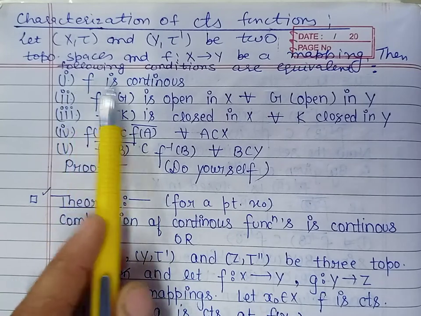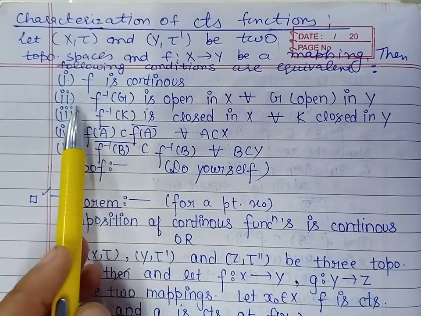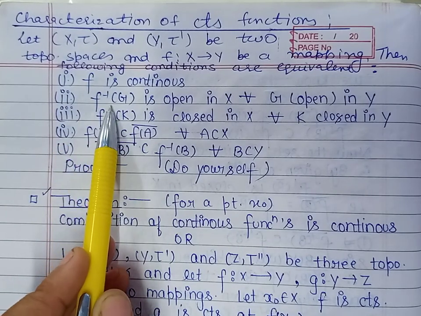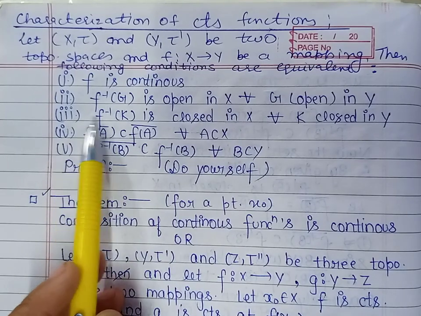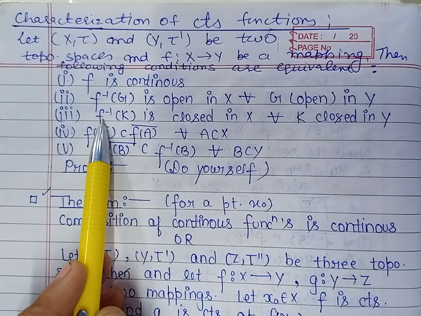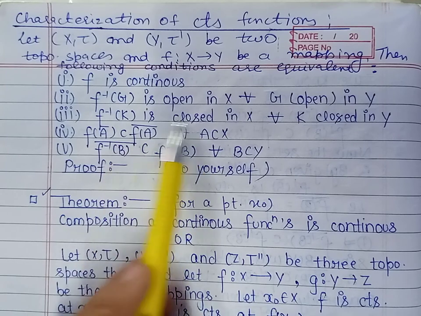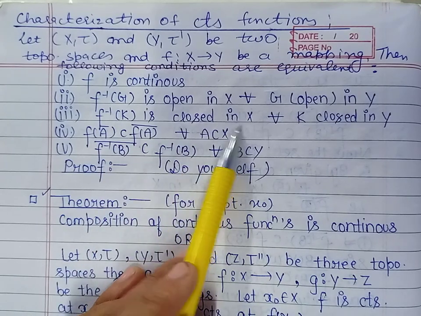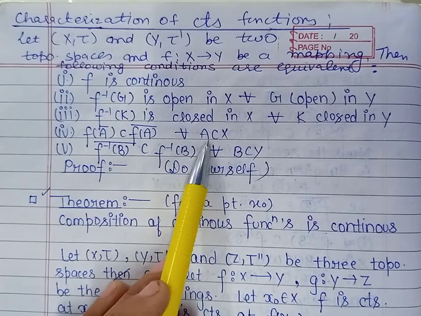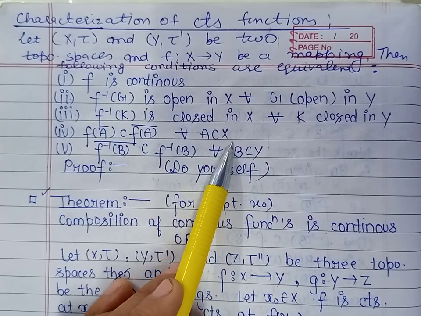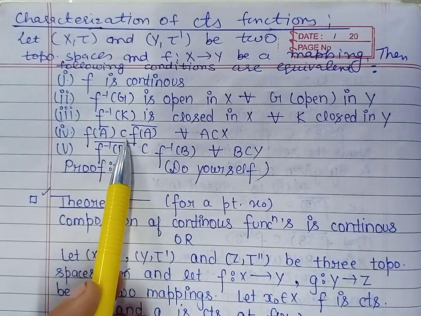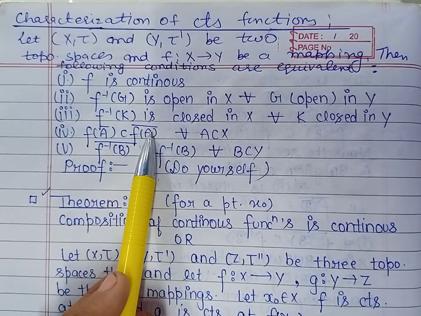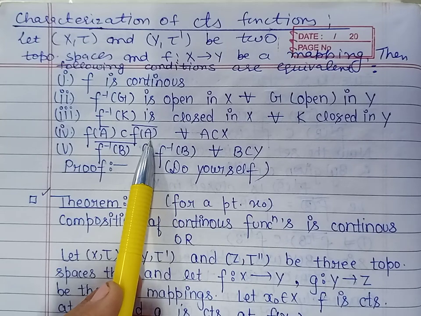First condition is function f is continuous. Second condition, inverse image of every open set in Y is open in X. And third condition is inverse image of every closed set K in Y is closed in X. And fourth condition, for every subset A of X, image of A closure under f is contained in the closure of image of A under f.